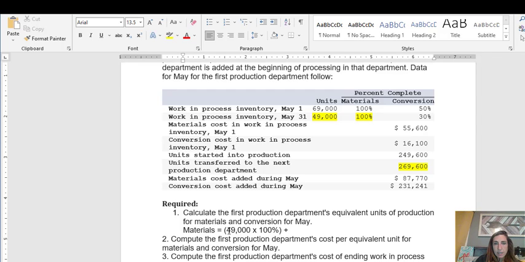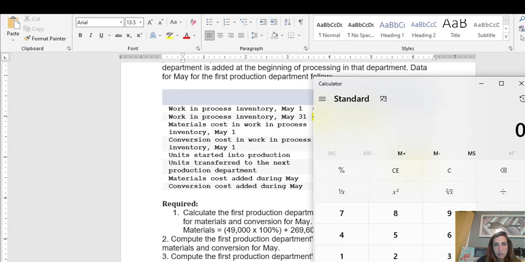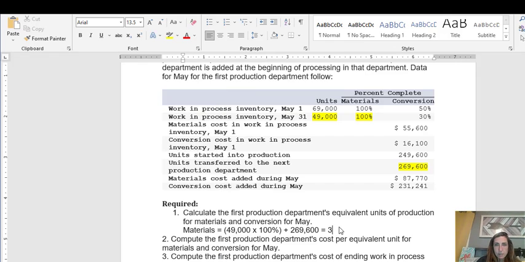And then I'm going to add in all of the units that were actually completed, or they call them transferred, because they may move into another WIP account. This is still units. This is not dollar figures. So it looks like we have 318,600, I believe. I'll double check my math. Yes, 318,600 for materials.